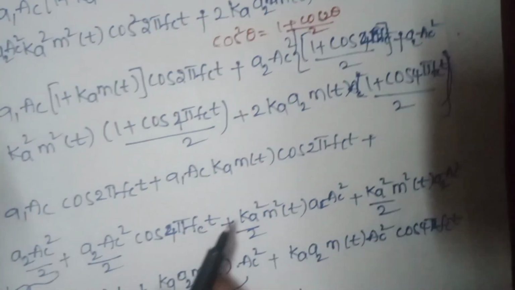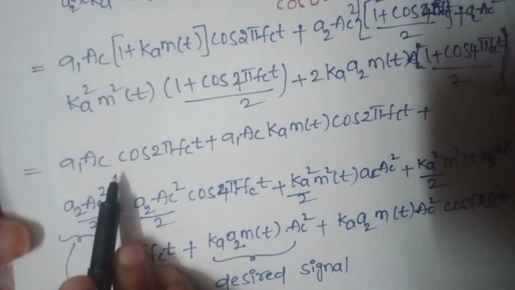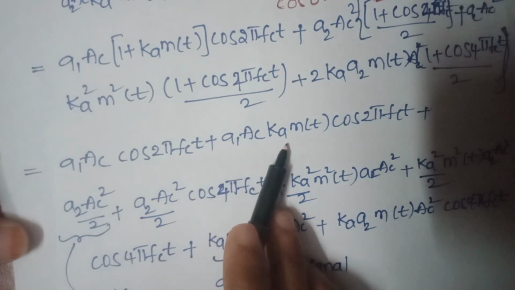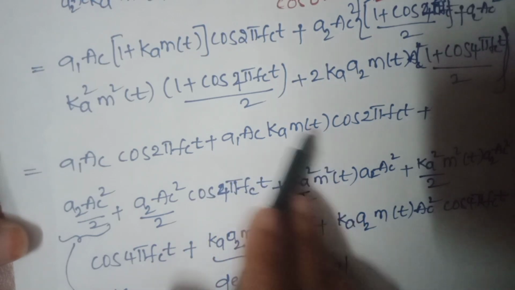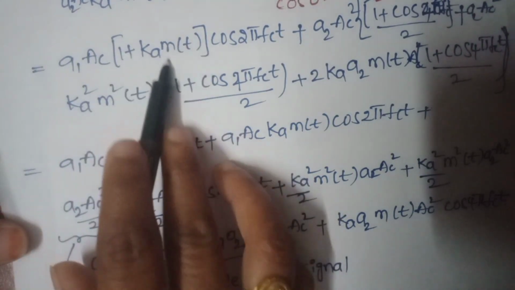Next, expand this equation, then v2(t) equals a1 ac cos 2πfct plus a1 ac ka m(t) cos 2πfct. Straight, a1 into this one, and this into this one.